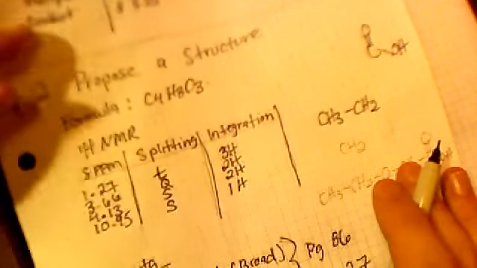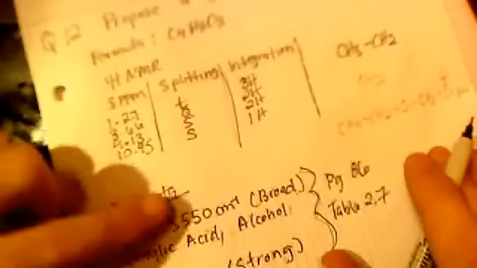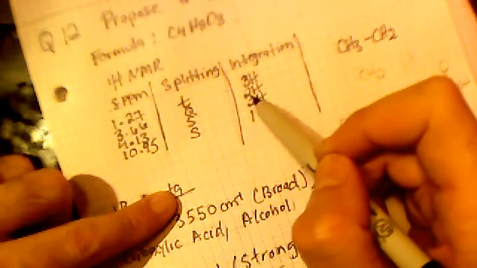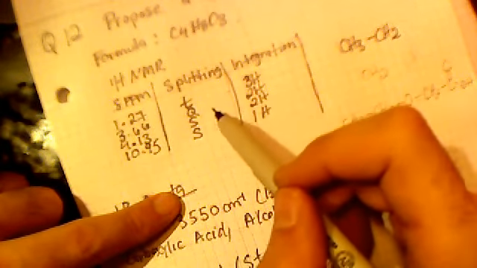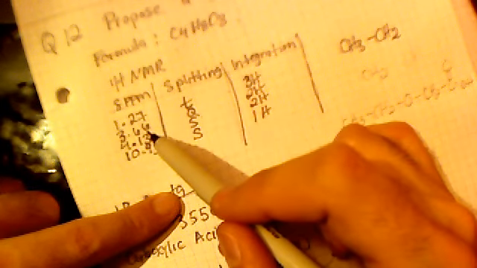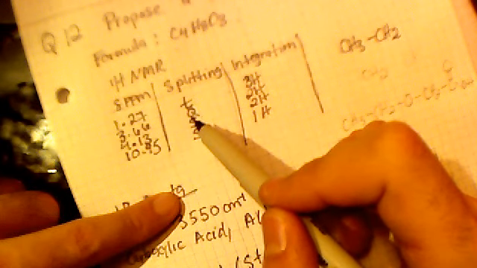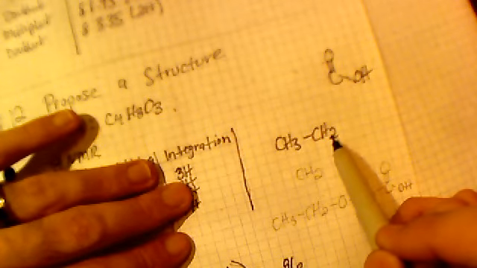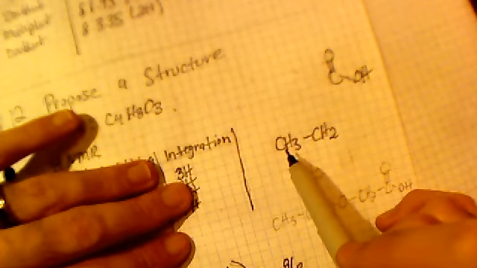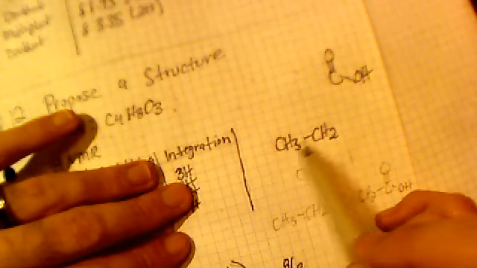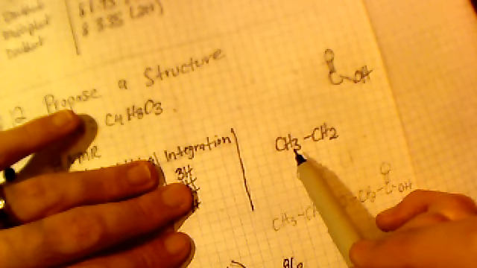Then I looked and I said, there are 2 hydrogens that are a little bit closer to the oxygen because they have a greater chemical shift. They're more downfield. And it's a quadruplet, so it's next to 3 heterotopic hydrogens, and that's simply this CH2 next to this CH3 being split by these 3 into a quadruplet.